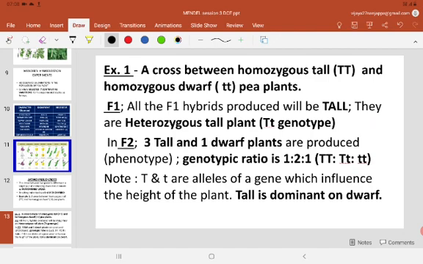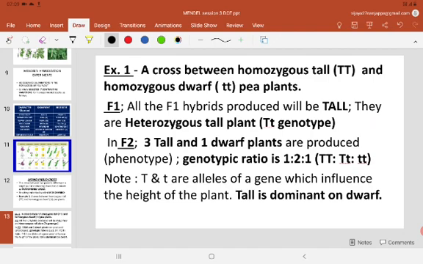That is, 3 tall plants and 1 dwarf plant are produced phenotypically, and the genotypic ratio is 1:2:1. 1 is T T, that is homozygous for the dominant character, and 2 is heterozygous for dominant, that is tall, T and small t, and the remaining 1 is the recessive trait, that is small t and small t.